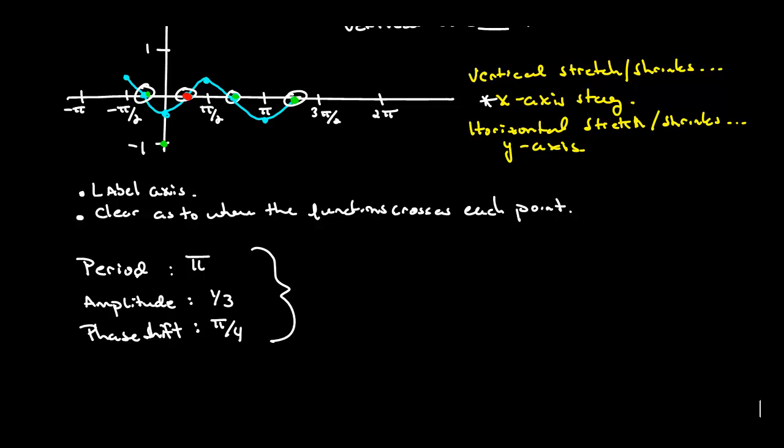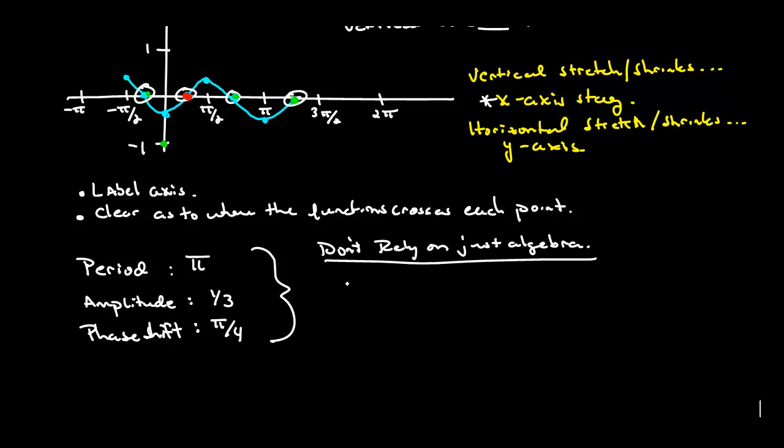I may give you just a graph on the exam and ask you period, amplitude, and phase shift. Or I may show you a sequence of graphs and have you figure this out. So don't rely on just algebra. Now the algebra tricks that I'm going to show you right here work if you have the equations.